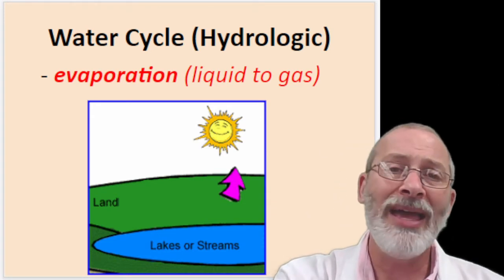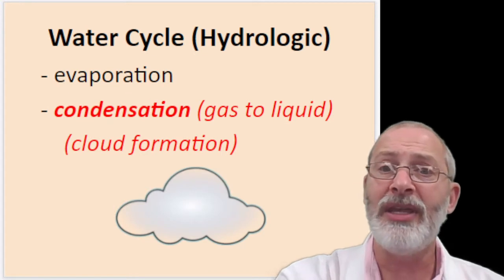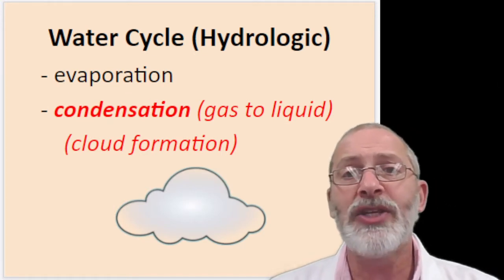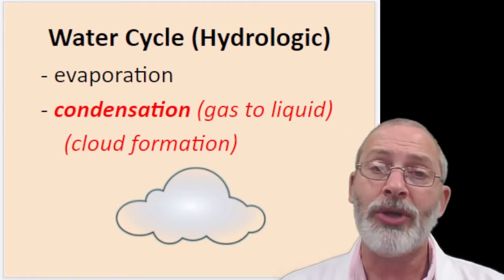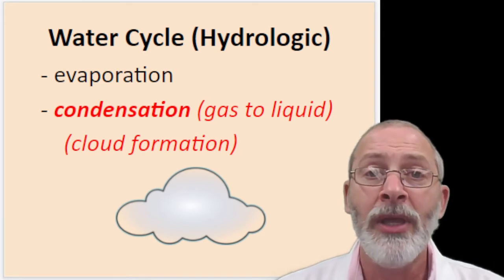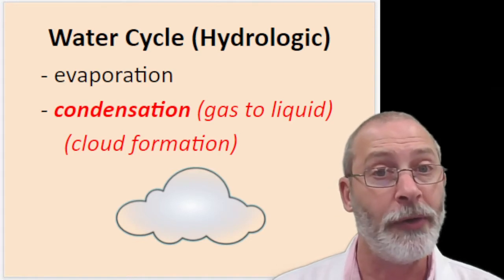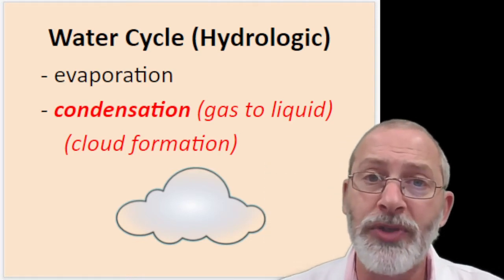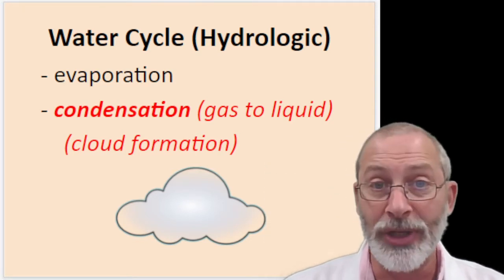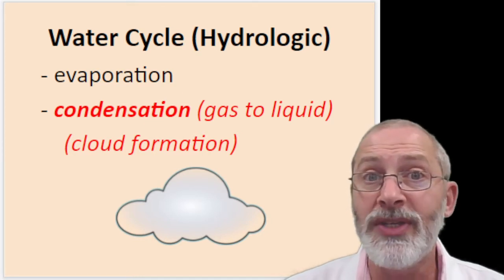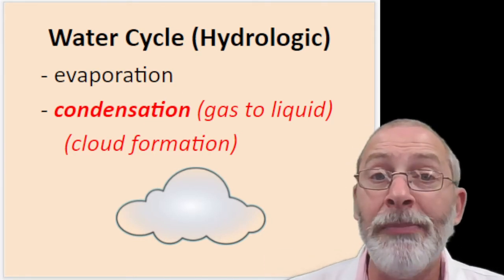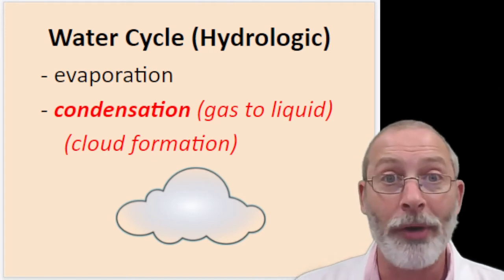Now, when that gas goes high enough into the atmosphere, it begins to cool, because the higher you go in the lower part of the atmosphere, which is called the troposphere, the temperature decreases. And as the temperature decreases, that energy is removed from that water vapor.